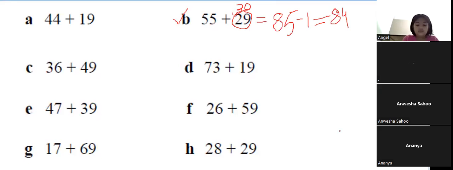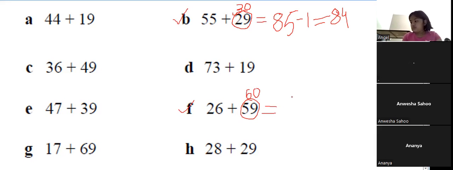Then Anvesha, F. Instead of adding 26 with 59, I'll add 60 with 26, which is 86.